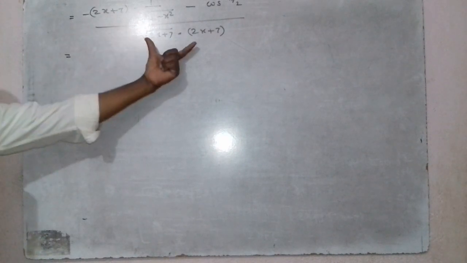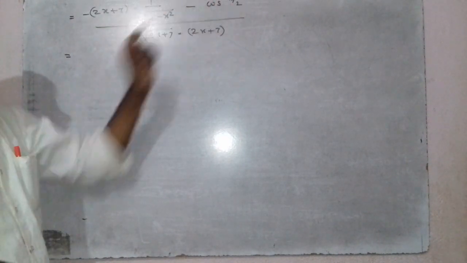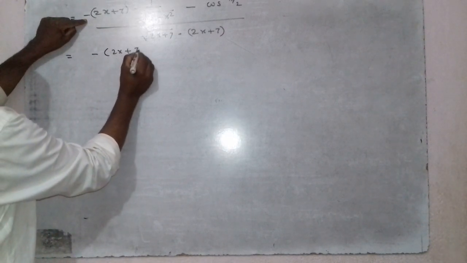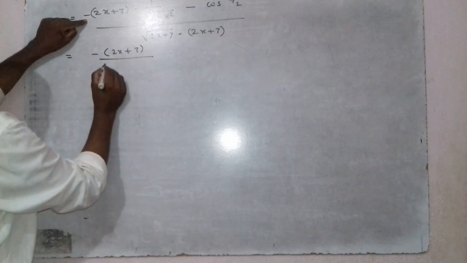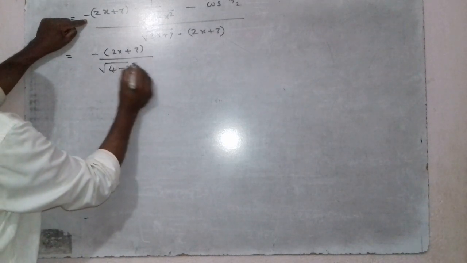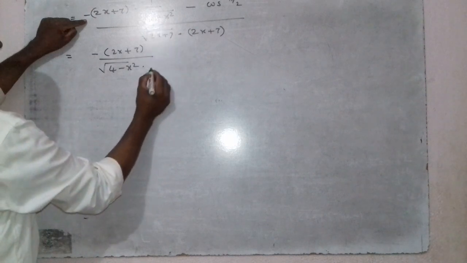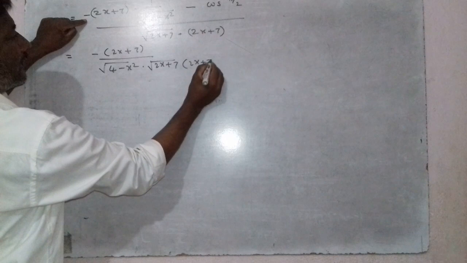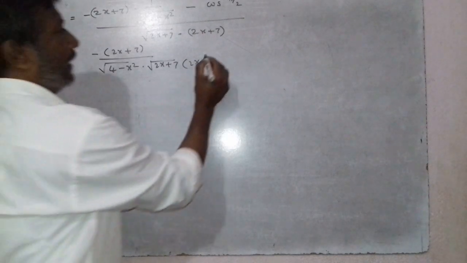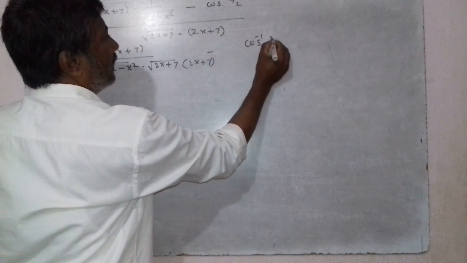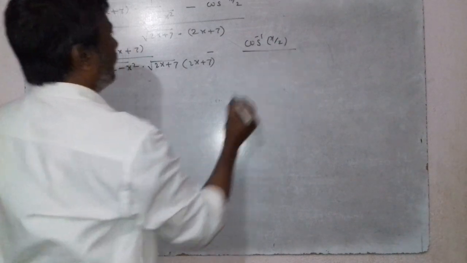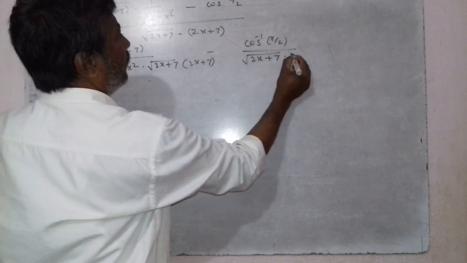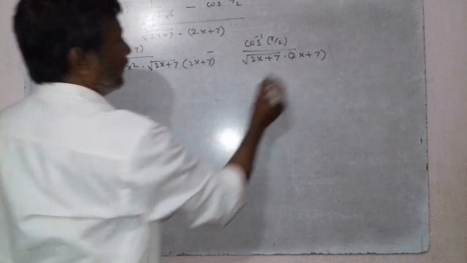So here this LCM is common for the entire numerator, therefore minus (2x plus 7) divided by root of 4 minus x square, and this denominator multiplies this one, root 2x plus 7 into 2x plus 7, minus cos inverse of x by 2 divided by root 2x plus 7 into 2x plus 7.